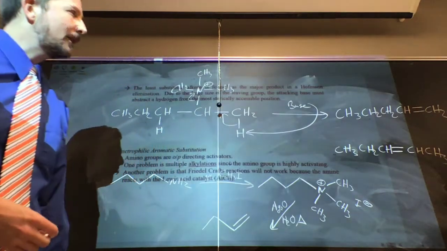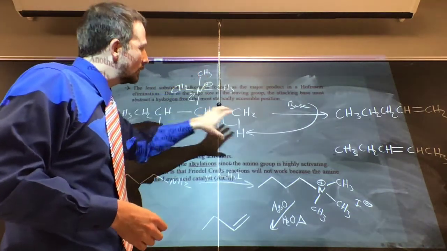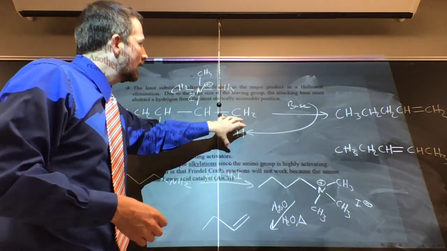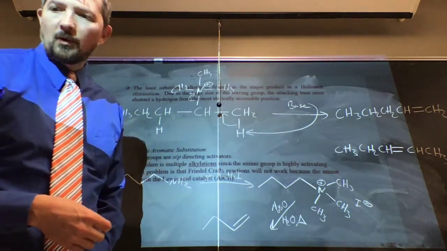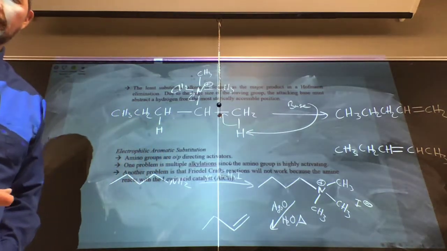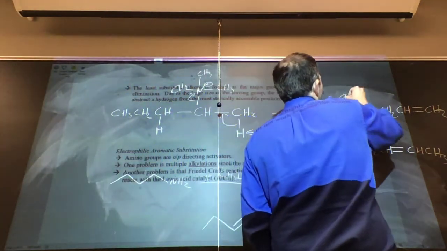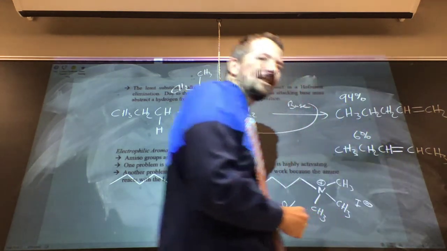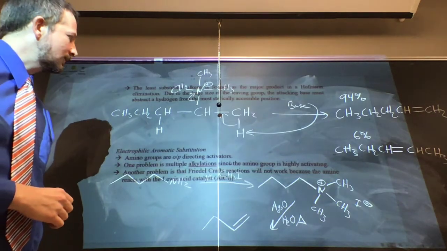That's what's unique about the Hofmann elimination: because you make the sterically hindered leaving group, it takes off the most sterically accessible proton, and so you end up with your least substituted alkene as your major product. If you did this reaction in the lab, you can see just how much more that least substituted product is favored.